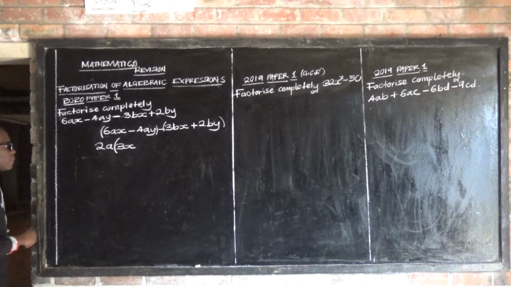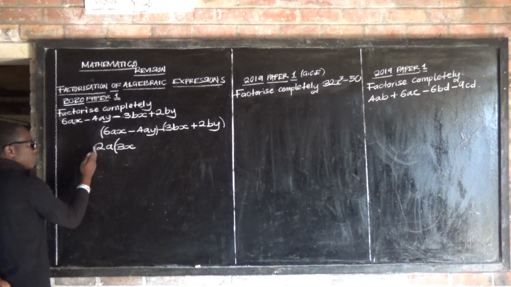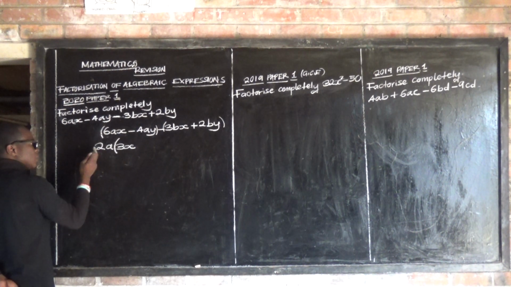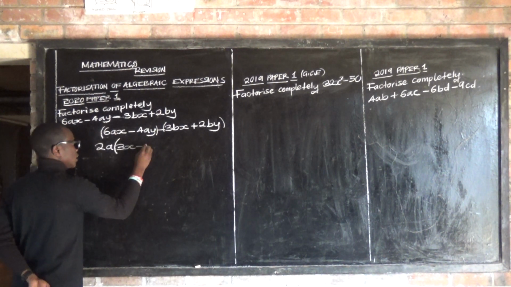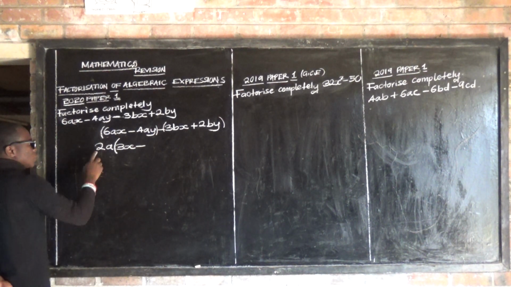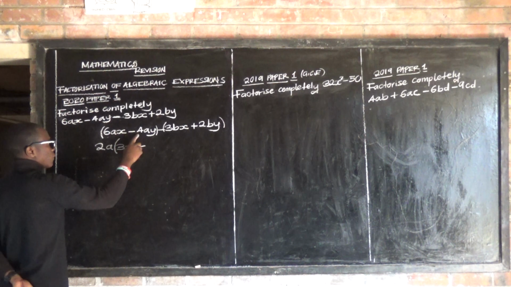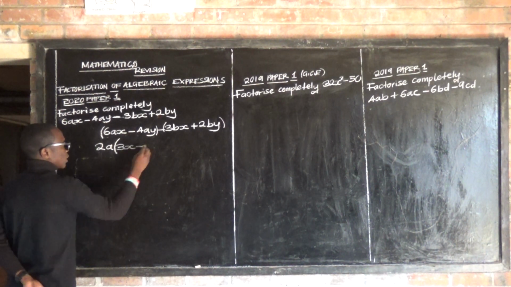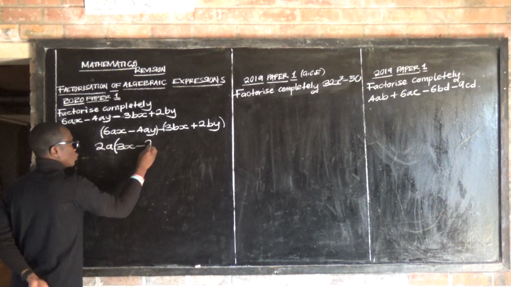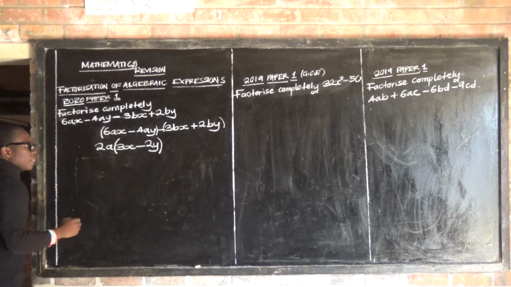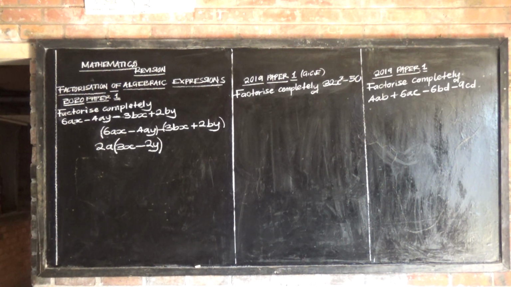Then we can move on and say since this 6ax has got a positive, then this 4ay has got a negative. So it's a positive into negative, you get a negative. Then you say 2a into 4ay. You get 2y.